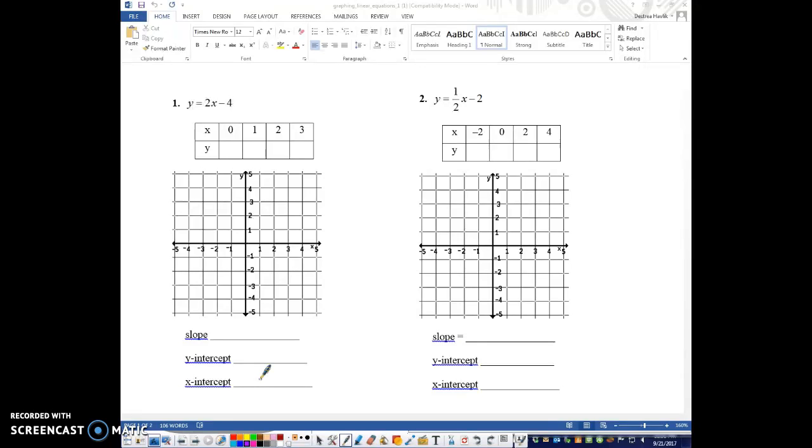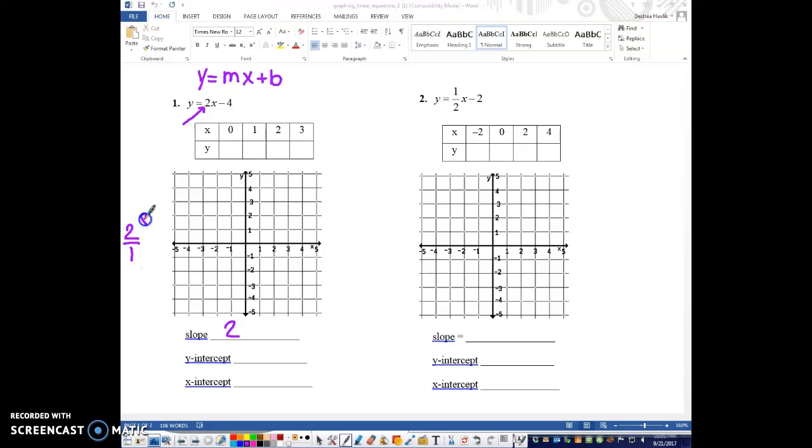First off, I want you to know that anything right in front of x is your slope. The equation is y equals mx plus b, so anything at m is going to be your slope. We already know down here that our slope is what? It's 2, okay? As far as rise over run is concerned, it's 2 over 1.